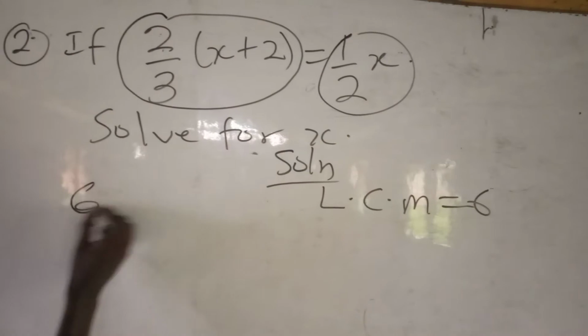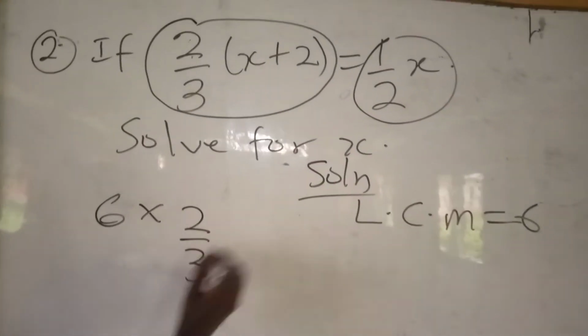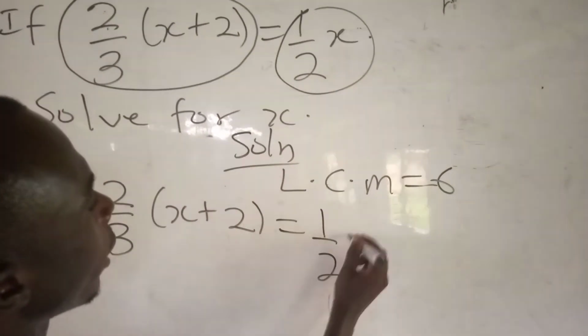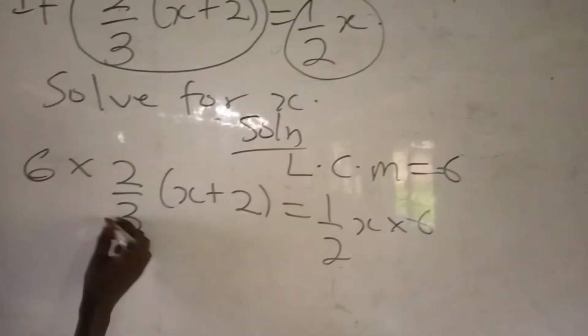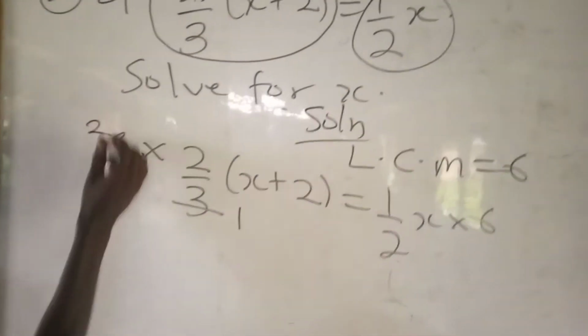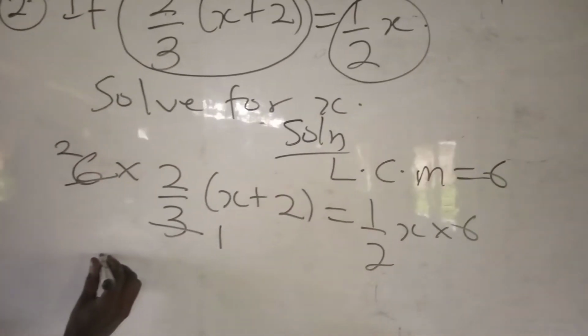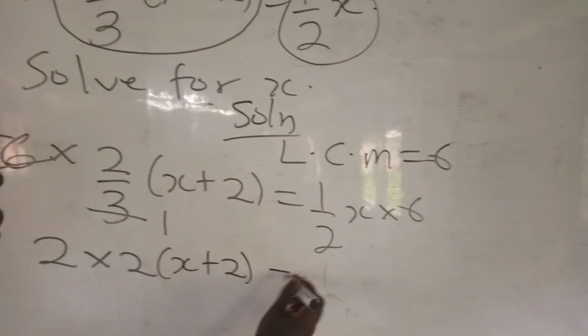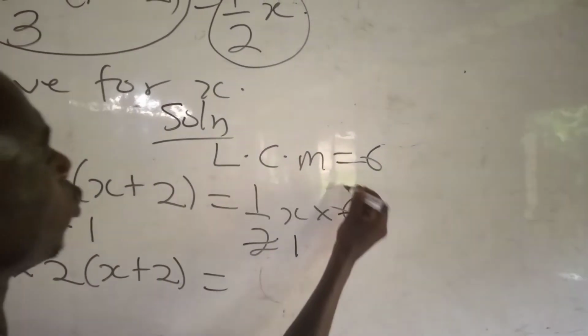So it becomes 6 times 2 over 3 (x plus 2) is equal to half x times 6. 3 goes here 1, 3 goes here 2. So you have 2 times (x plus 2) is equal to 2 goes here 1, 2 goes here 3.